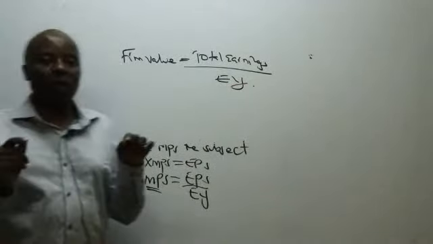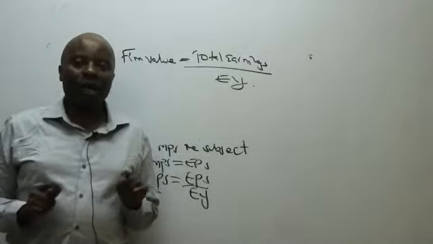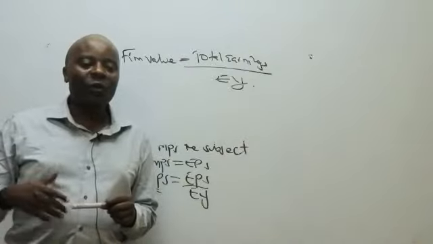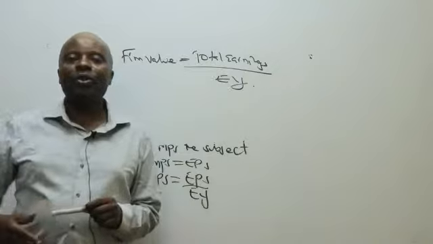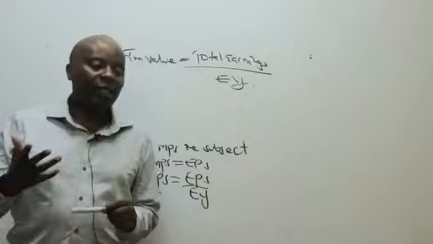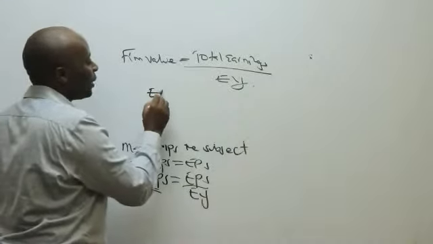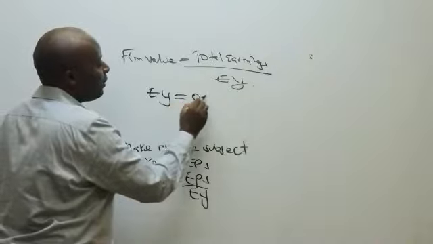So when I go to the acquisitions table, I'll ask them a very simple question. Do you know your earnings yield? Then they'll tell me, yes, for sure we know the earnings yield of this company. We know, for example, that the earnings yield of this company is 0.5.